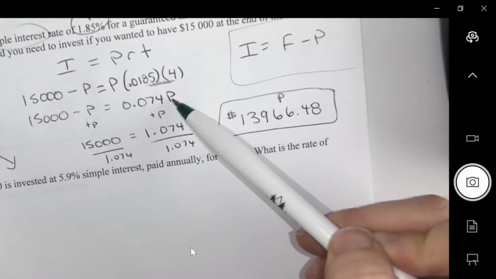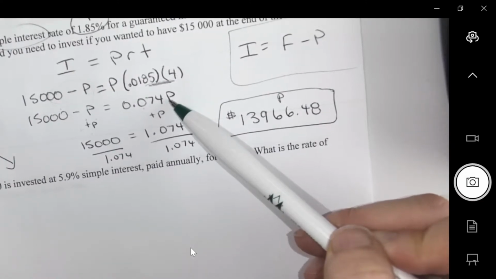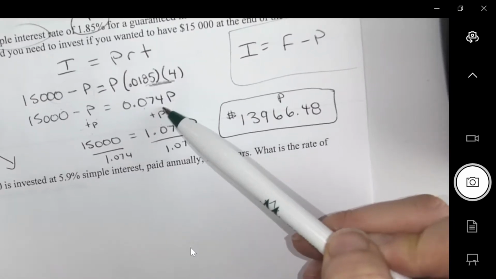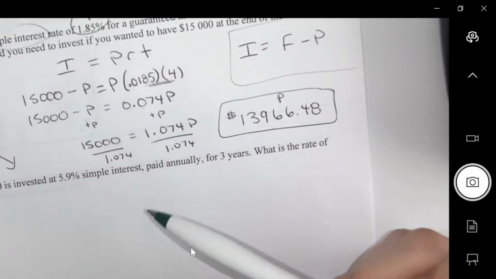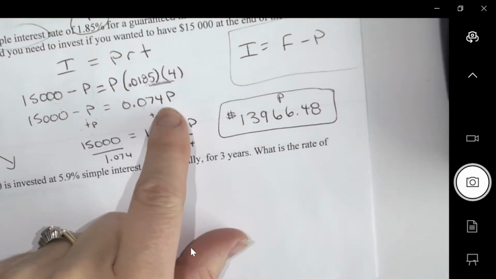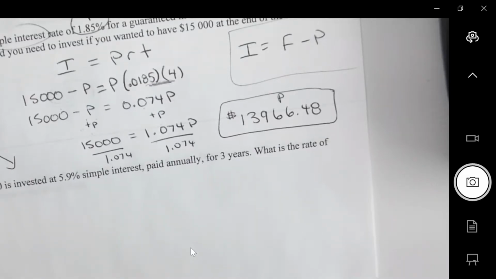But I'm adding the amount of the variable that I have. So if I only have 0.074p plus 1p, now I have 1.074p. Yeah, this isn't 1p. This is 0.074p.